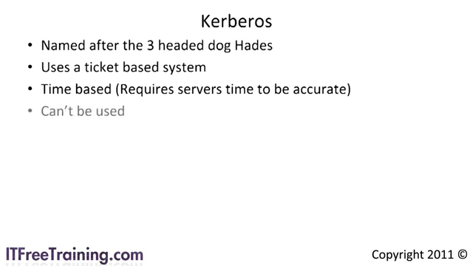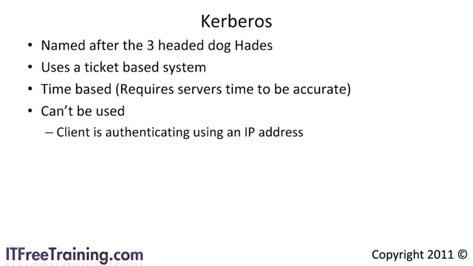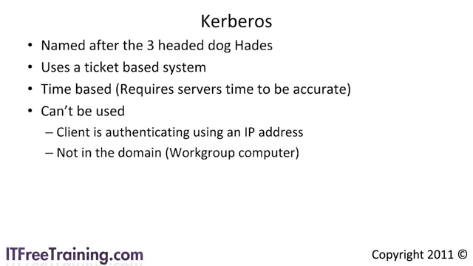However, it cannot be used when the client is authenticated from an IP address. This is because Kerberos requires a trust relationship between the client and the domain. When authenticating using an IP address, the trust relationship cannot be verified. Also, Kerberos cannot be used when the client is not in the domain. In order to use Kerberos, certain information must exist on the client, which is created when the computer joins the domain.